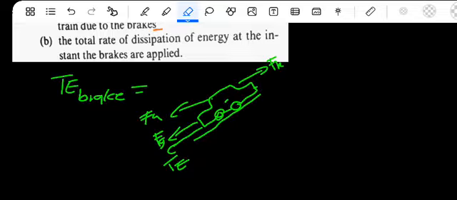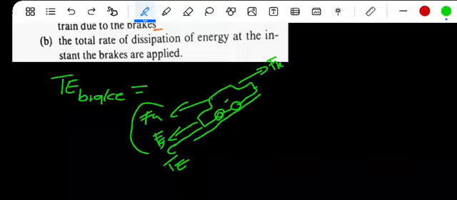You have to know that. So these two forces will be related. Now these two will point in the same direction from that instant.